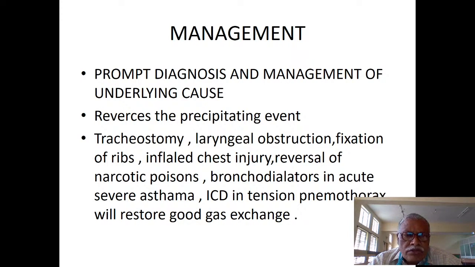The management is prompt diagnosis and management of the underlying cause, and treatment will reverse the precipitating event.